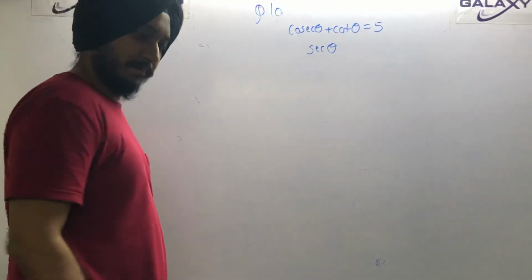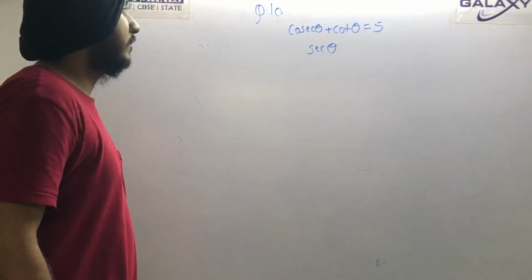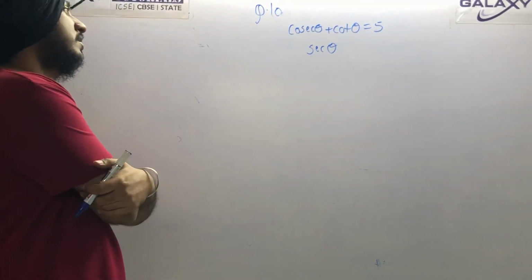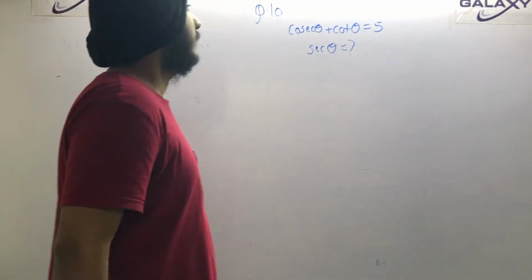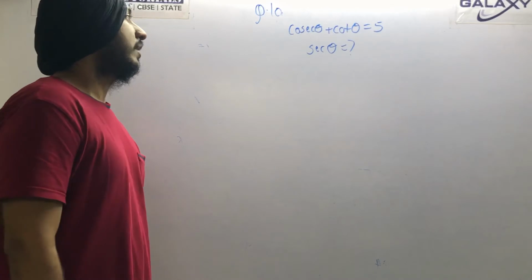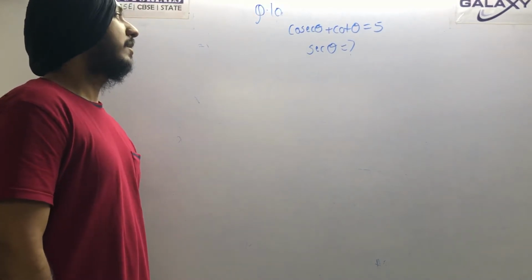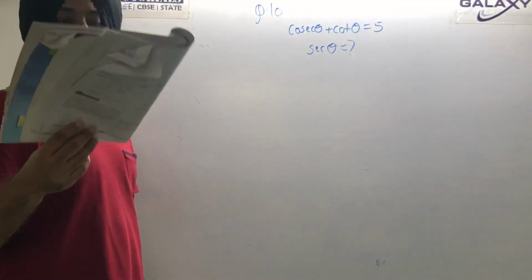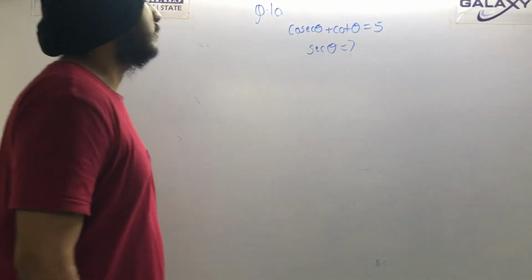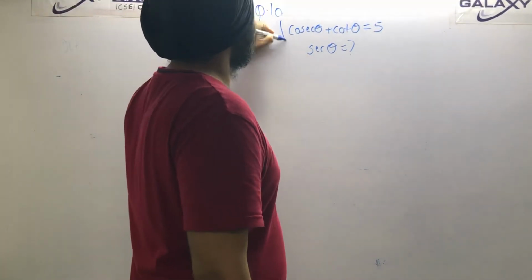So what they have asked us in this question is, they have given us the value of cosec. They have given us this relationship, and we have to find the value of sec theta, right? How to proceed in this question? So you are being given this equation.